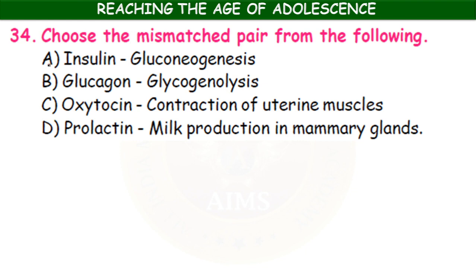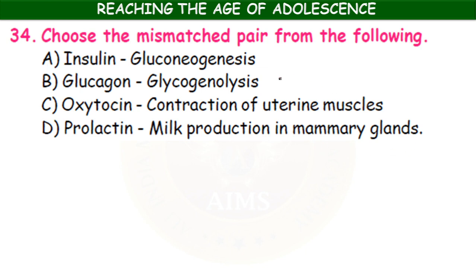Choose the mismatched pair from the following: insulin, gluconeogenesis; glucagon, glucogenolysis; oxytocin, contraction of the uterine muscles; prolactin, milk production in the mammary glands.